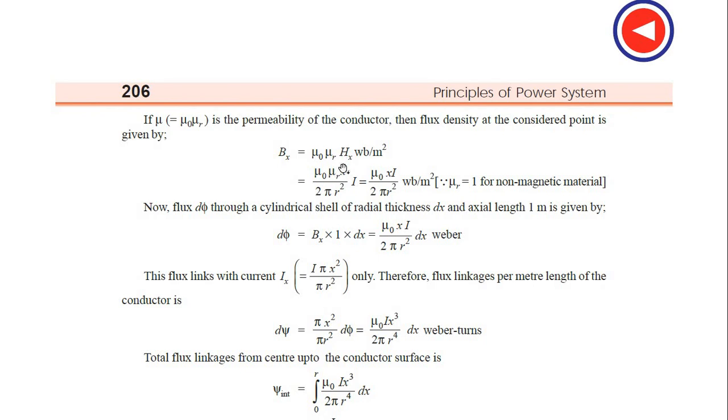So if we substitute Hx value over here, Bx is equal to mu naught x I upon 2 pi r square.